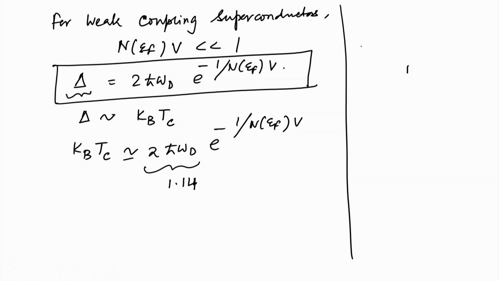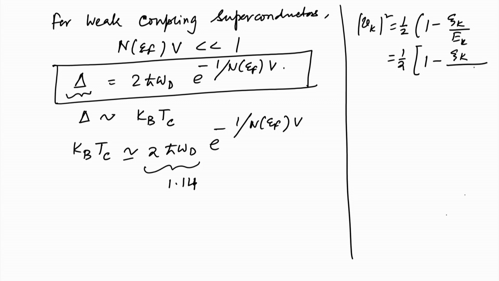factors, that we have V k square equal to half of 1 minus psi k by E k, which is equal to half of 1 minus psi k divided by root over delta square plus psi k square.